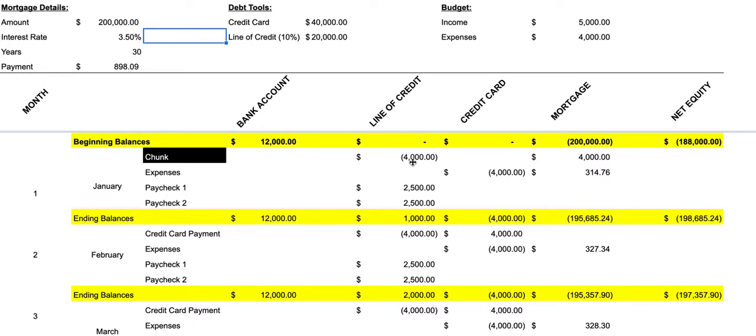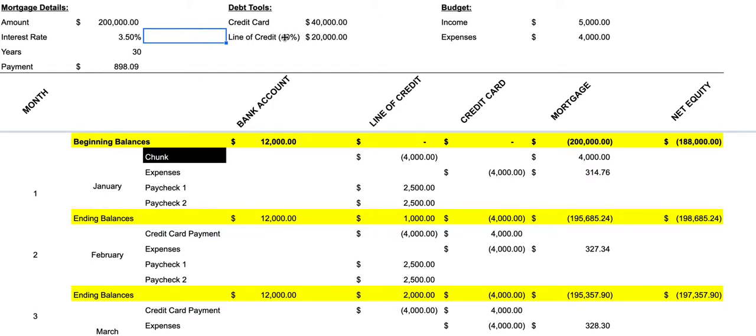That way your balance on your line of credit is not too high, because remember, you're being charged 10% interest on it. Now the interest won't be that much if you do it the right way, because this is going to be a simple interest charge using the average daily balance method. So just keep that in mind. We don't need to get too much into that.